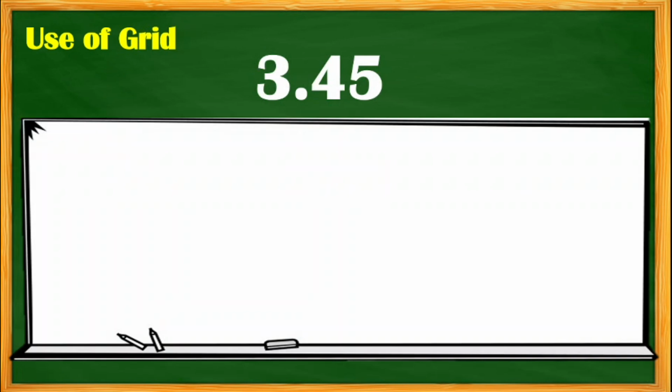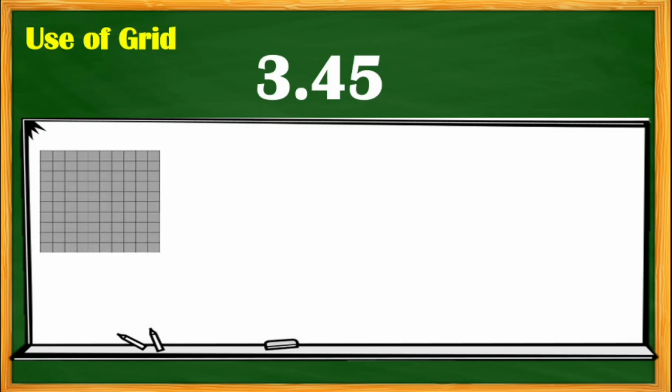Okay, this time we're going to use now the grid. So how do we visualize 3 and 45 hundredths? To visualize 3 and 45 hundredths, we're going to use the grid. So the grid will represent hundredths because one grid has an equivalent value of 100 cubes.